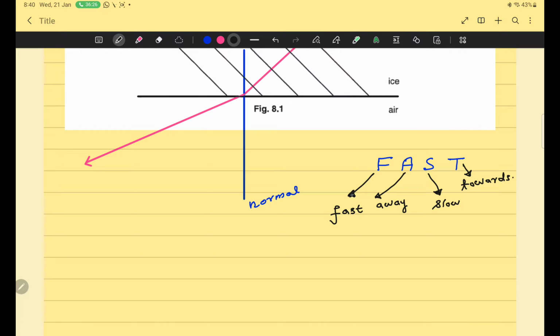So if you write fast, then you can easily answer: if the light is in a faster medium, then it bends away from the normal. If the light is entering into a slow medium, then it bends towards the normal.